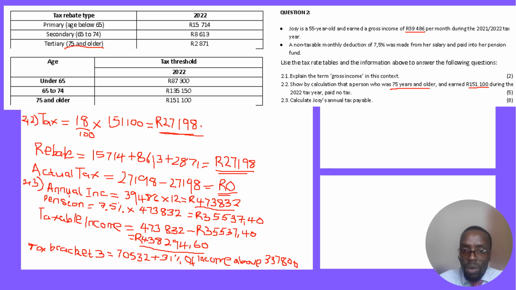So now we are substituting into the formula.